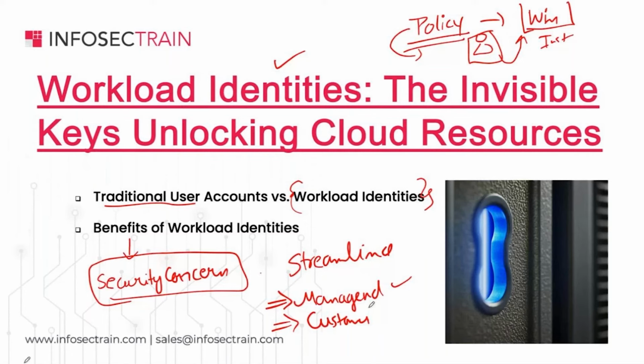Additionally, Entra ID offers features like workload identity federation, which allows applications running on your on-premises or in another cloud to acquire Azure AD tokens. So in simple terms, workload identity enhances your security, simplifies management, and improves scalability and flexibility for cloud purposes.